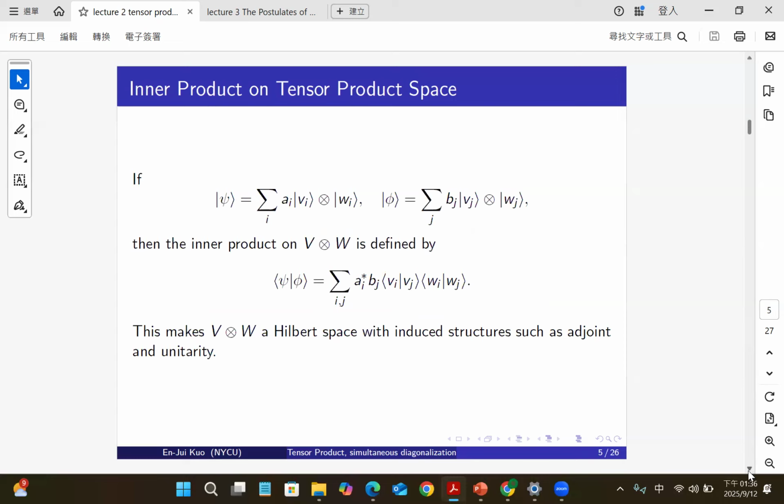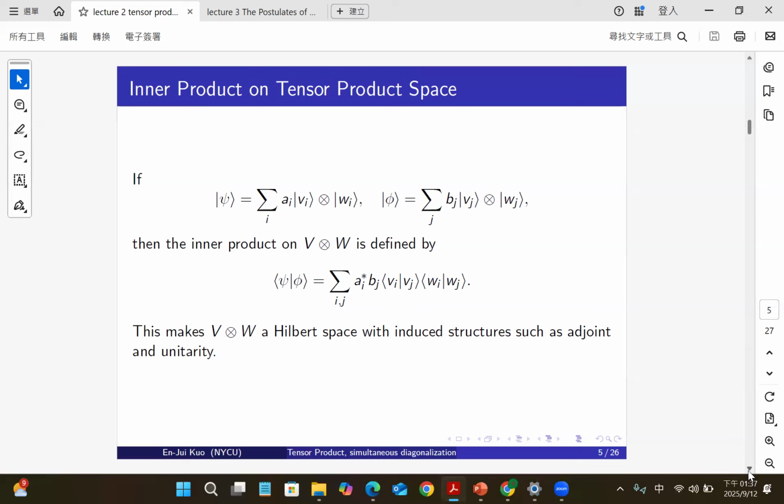And then you can also define inner product on the tensor product space. Remember that we have defined what inner product means in the vector space. So if I give you two vector spaces, both have their own inner products. So let's say you take psi to be a vector like this, sum of v_i tensor w_i, and you take phi to be also in V tensor W, let's say sum of v_j tensor w_j.